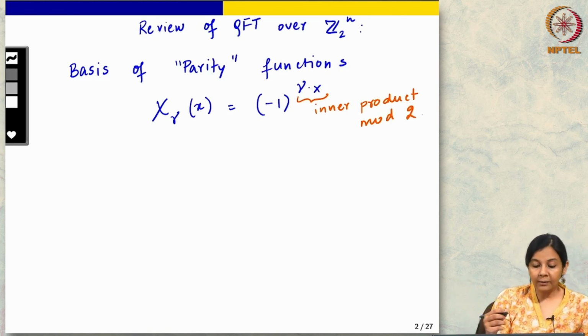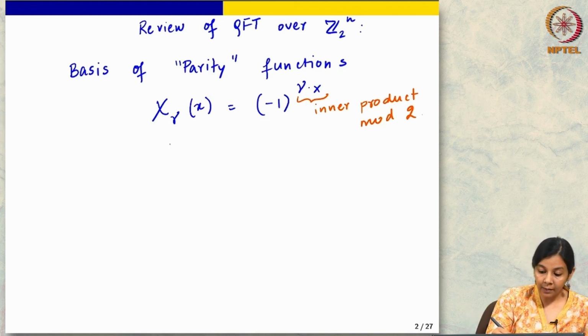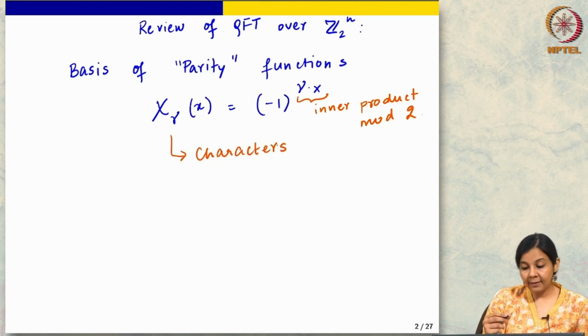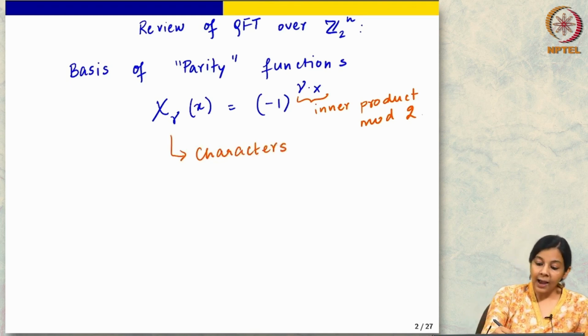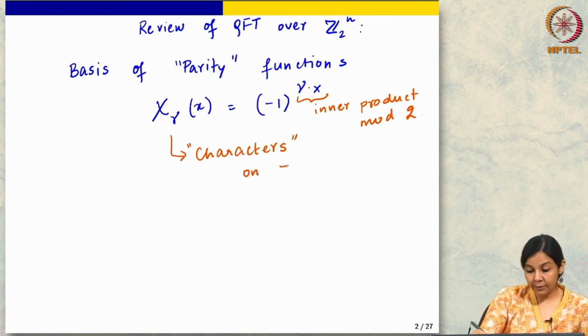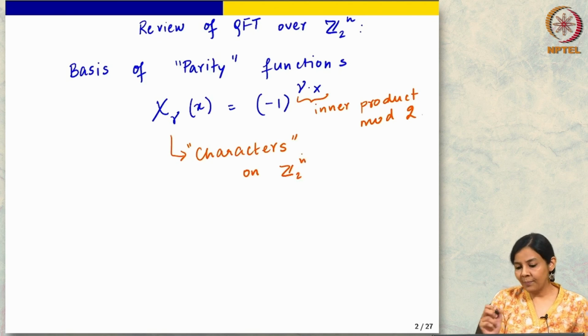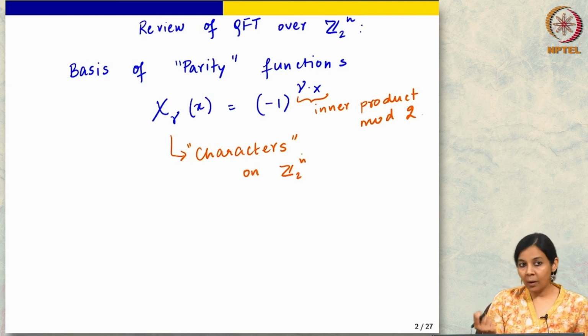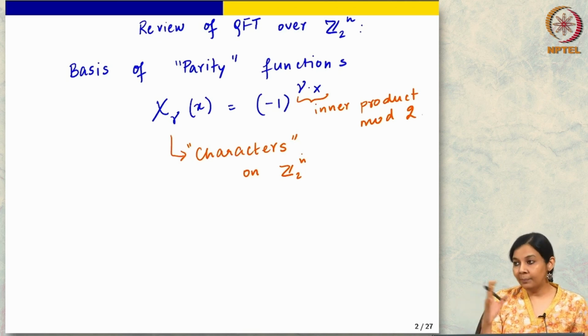In particular, what we also discussed is that these chi functions are what are called characters on Z_2^n. So maybe I did not spend too much time on this, but today we will talk about what characters are, and this is going to help us to generalize the idea and not be so tied down to this one particular space. Okay, so good.